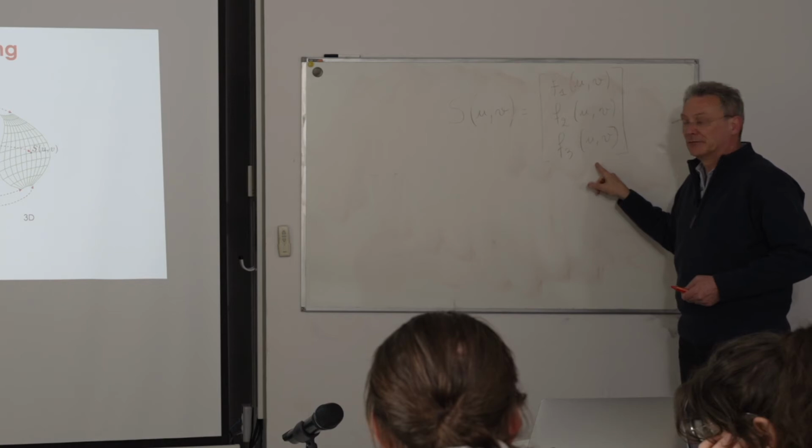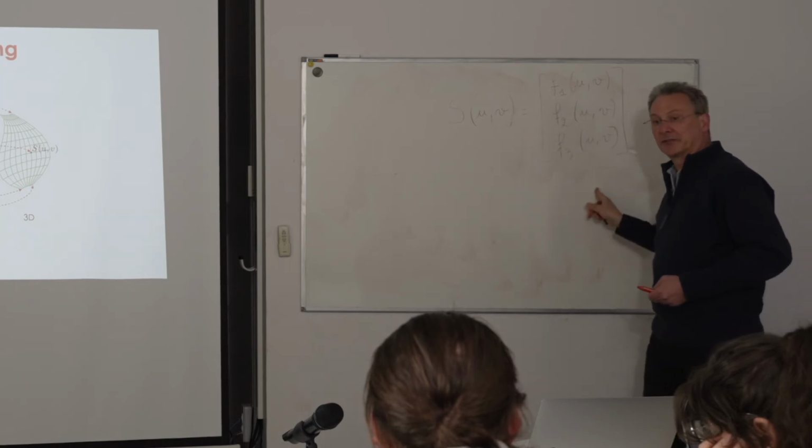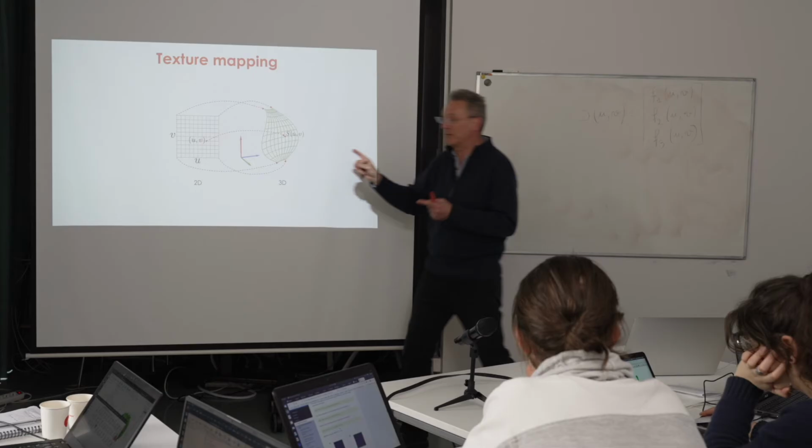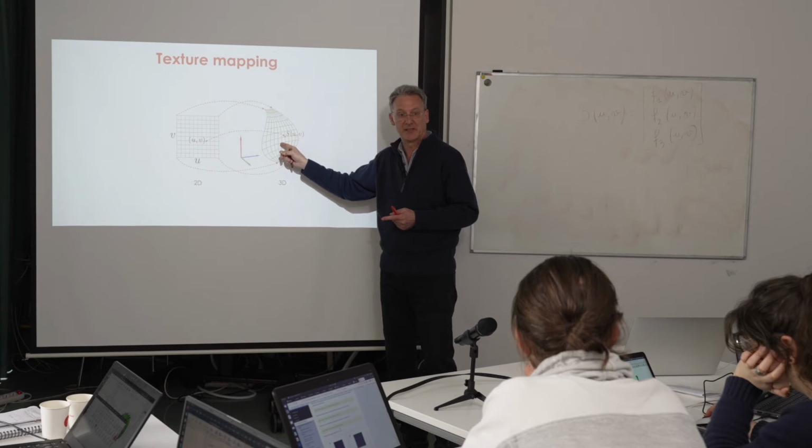So this is a vector. So for each uv, I will get a vector that will define my point in the 3D space, S(u,v).